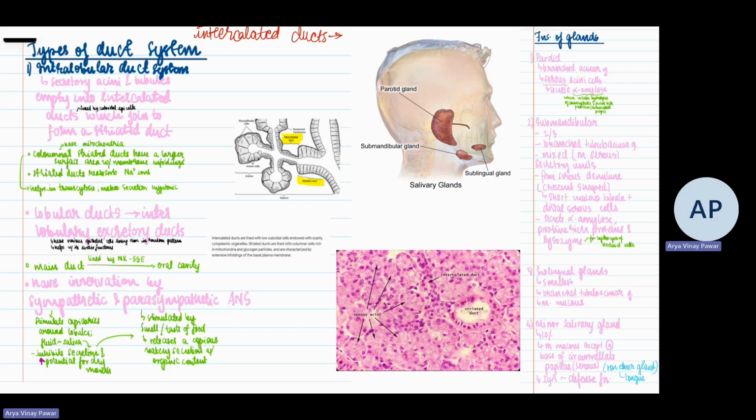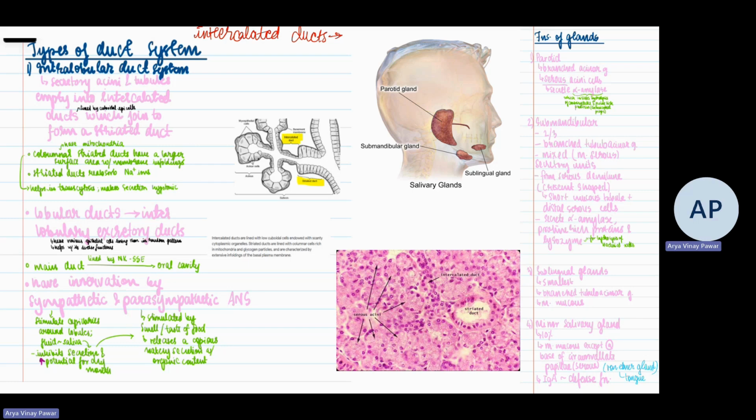The striated ducts are cylindrical in shape with basal nuclei and cell organelles, and these cells are highly folded and filled with high amounts of mitochondria, which causes them to appear striated under a microscope, hence the name striated ducts. Now, these striated ducts open into the excretory ducts, which further open into the oral cavity, and they're lined by stratified squamous epithelium.